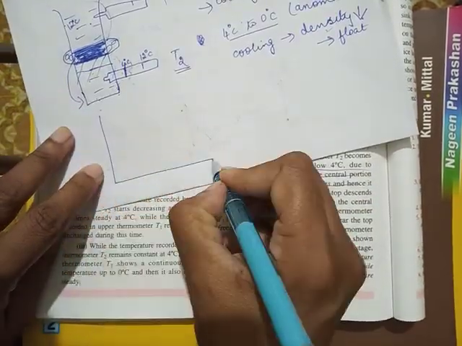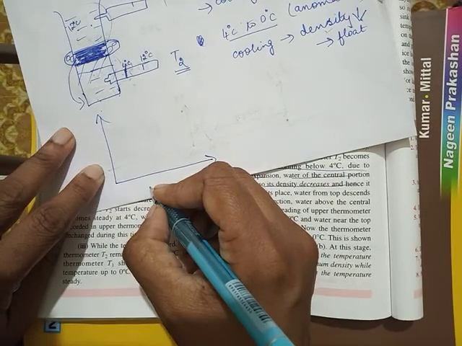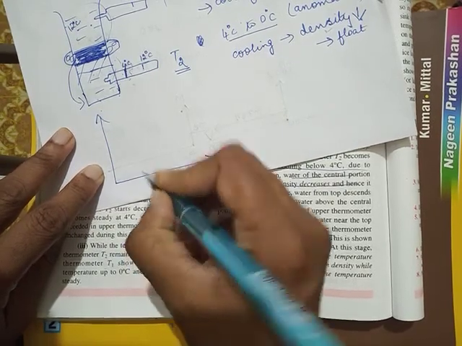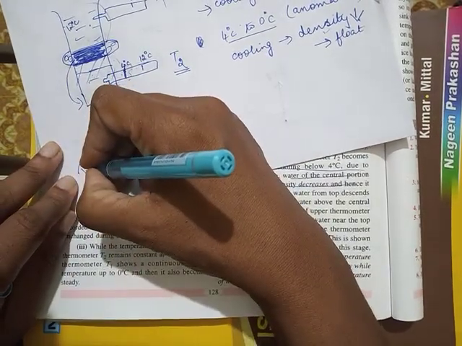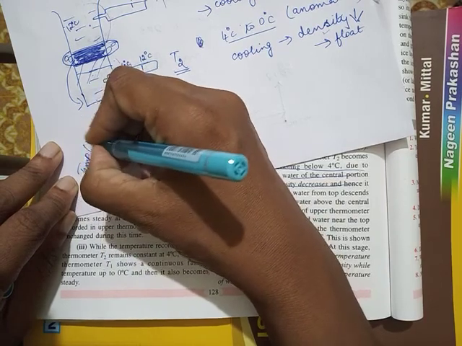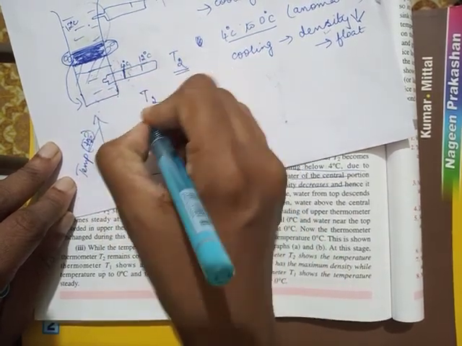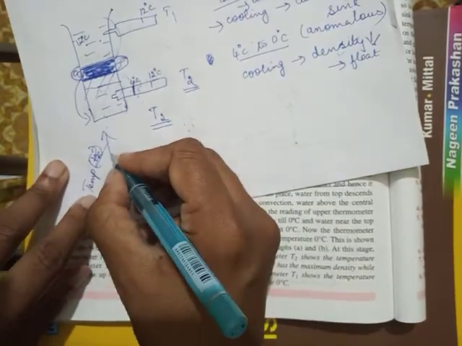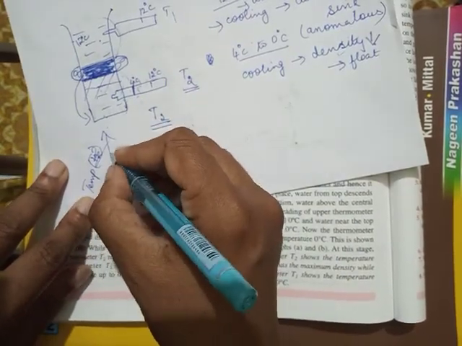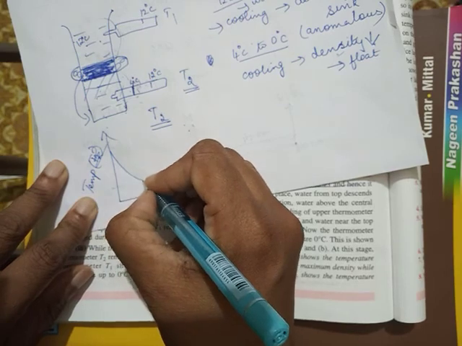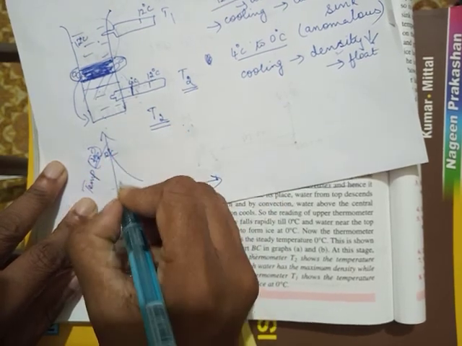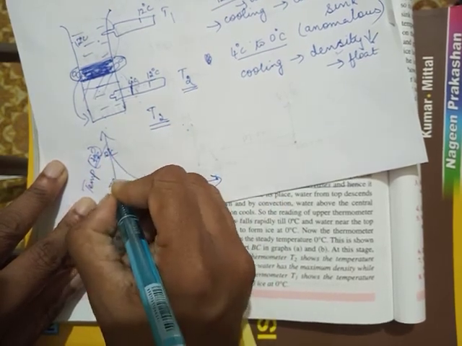So if I draw a graph between time and temperature T2, okay, thermometer T2, this is thermometer T2's graph I'm drawing. Initially, it will fall from 12 degrees Celsius till 4 degrees Celsius. It will fall.